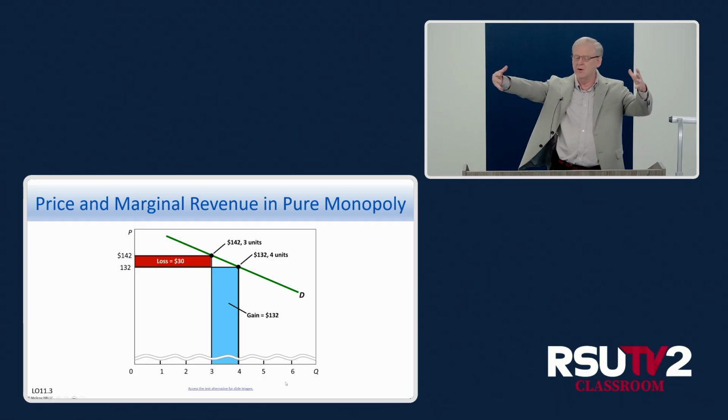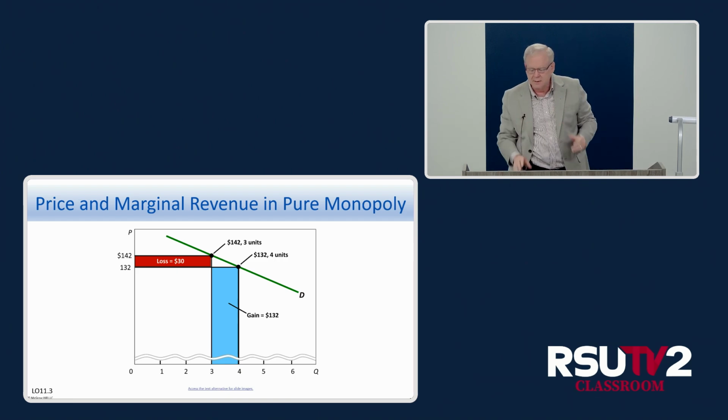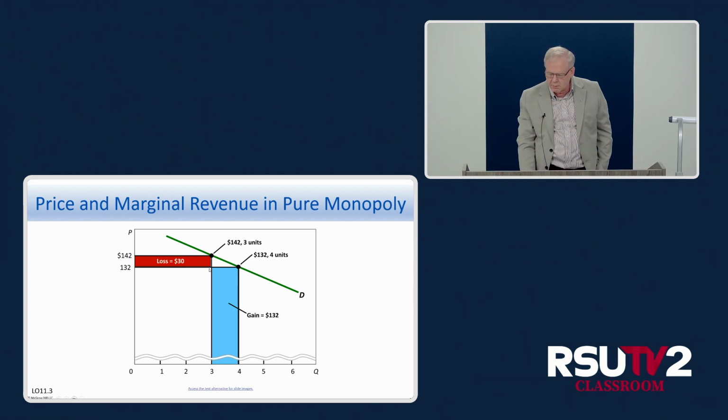Your revenue, remember revenue is a rectangle. And so this tall, kind of skinny rectangle changes shape. That revenue rectangle changes shape when you want to sell 4 units. It gets shorter, but it gets fatter. And if it just got fatter, then that's the situation we had with perfect competition.